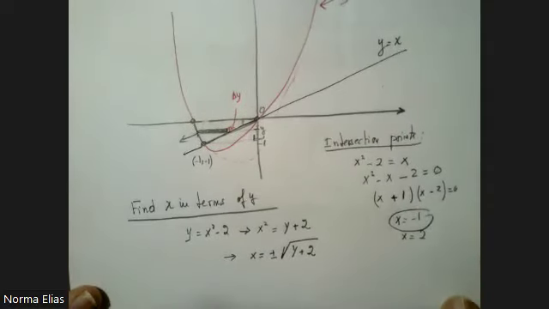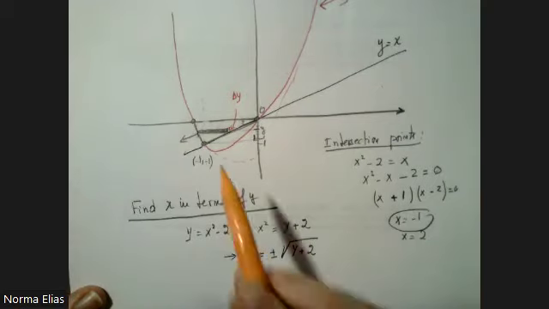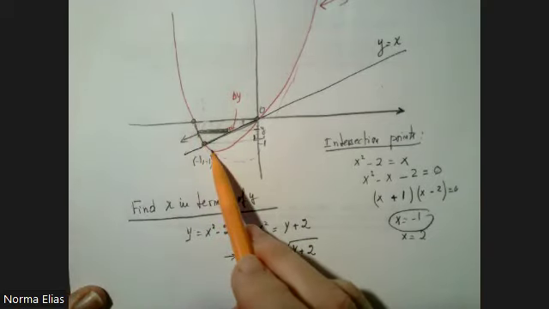Okay, now which one is the one I need? The plus square root of y plus 2 or the minus? When I solve, I get the plus or the minus. Which one fits my region? The minus. You agree with your classmate? Right here, my y is negative.